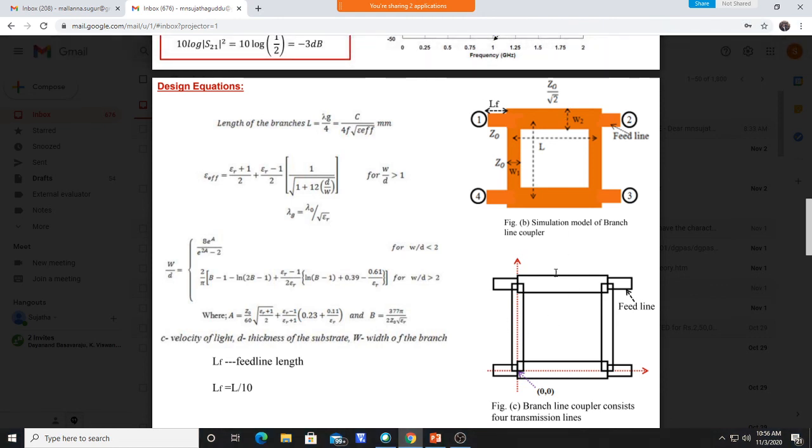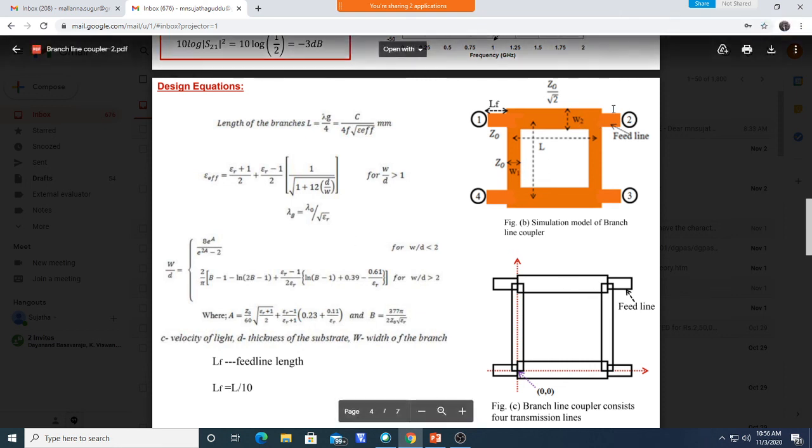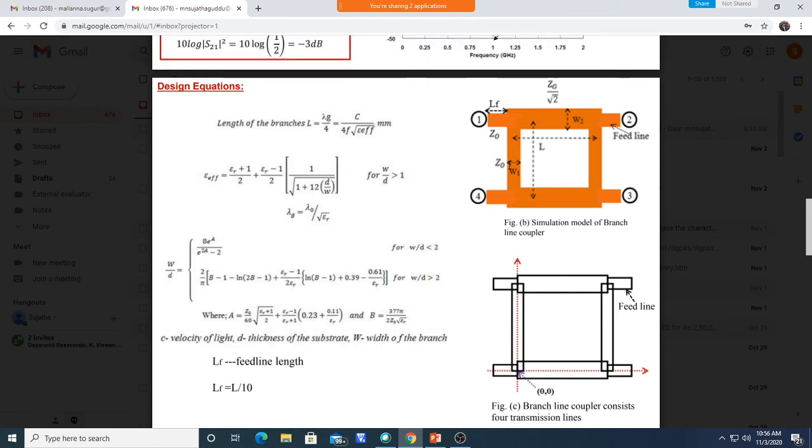So you should get the width of this and the width of this using that calculator. In the microstrip line calculator, you pass all the parameters: epsilon r, frequency, and characteristic impedance. You will get W1 and W2. For the width of this, you should pass 50 ohm.